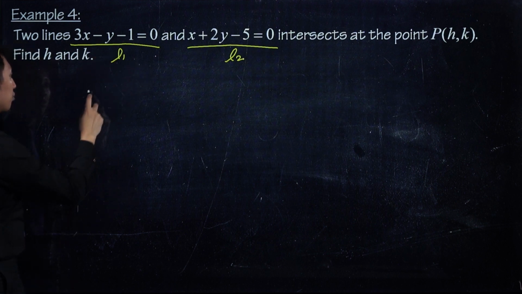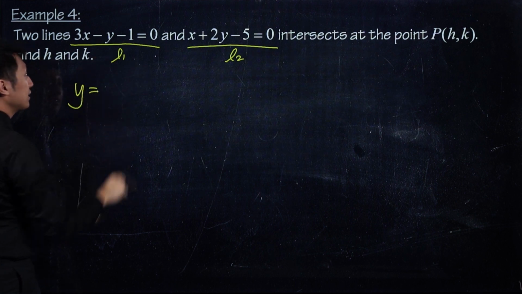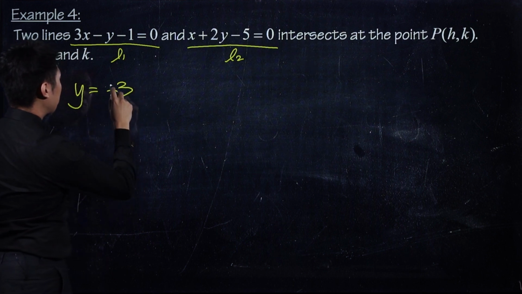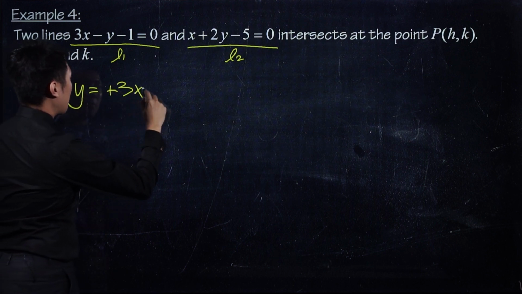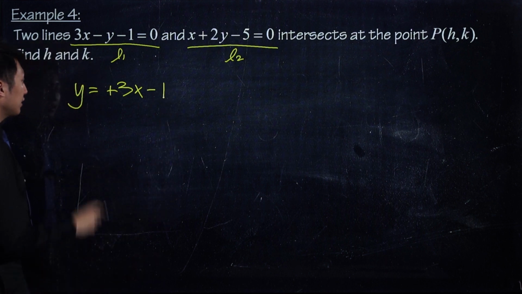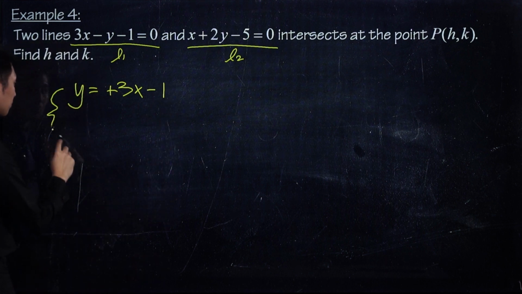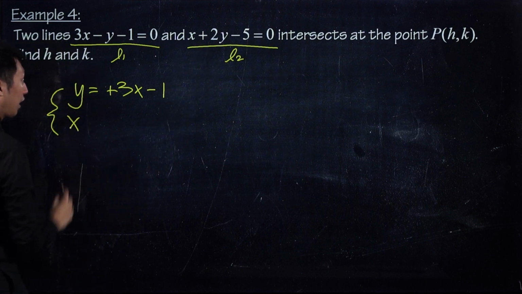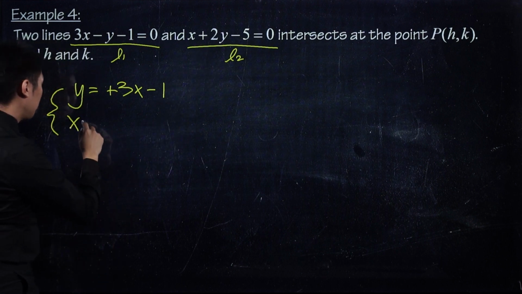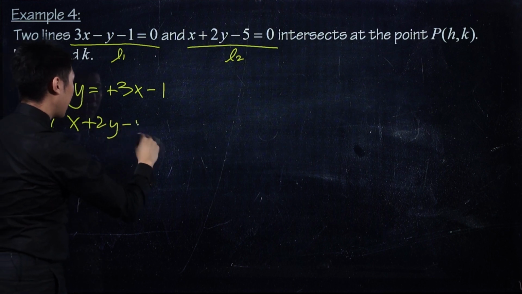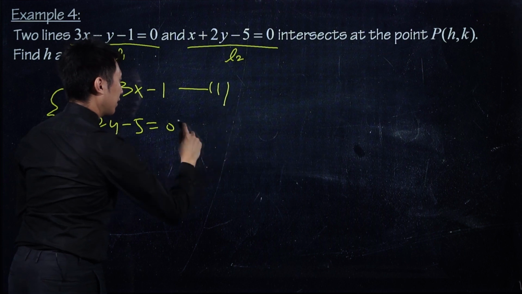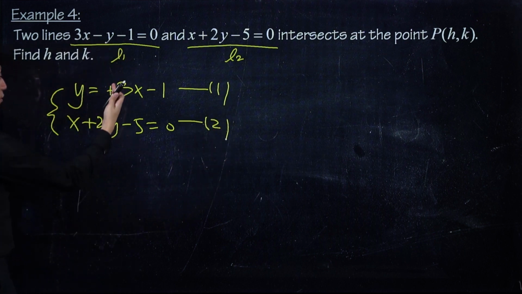Let y stay itself, so y equals 3x minus 1. This is equation 1. Then the second equation is x plus 2y minus 5 equals 0. This is equation 2. I sub 1 into 2.